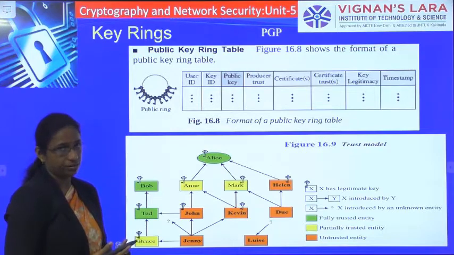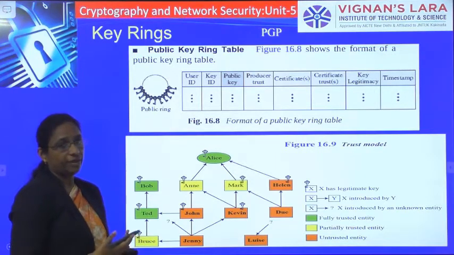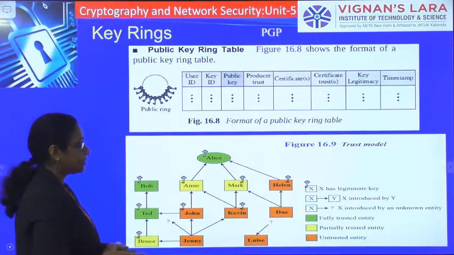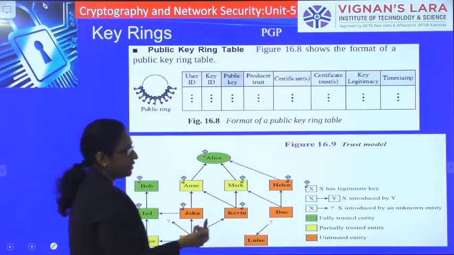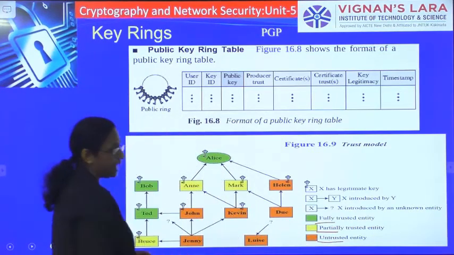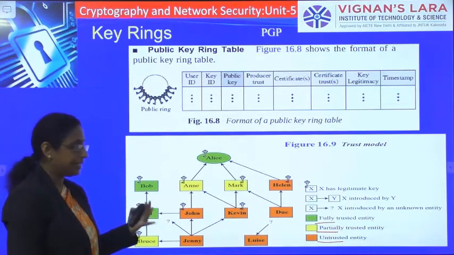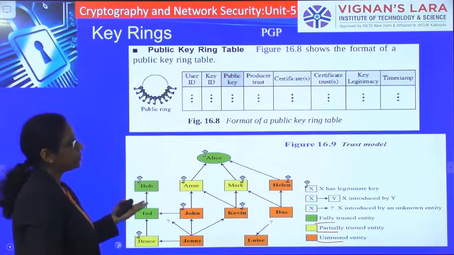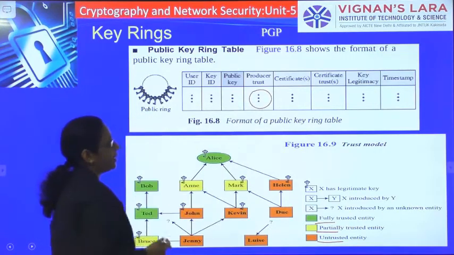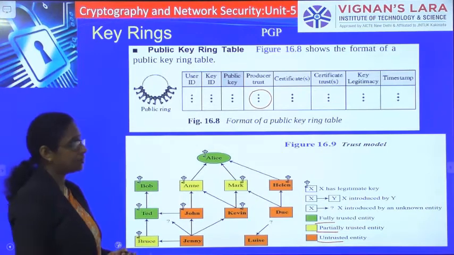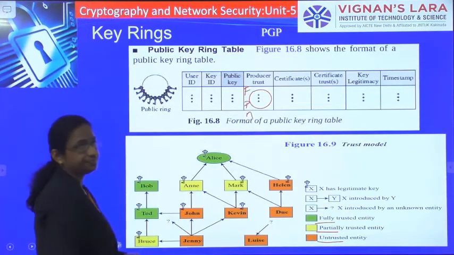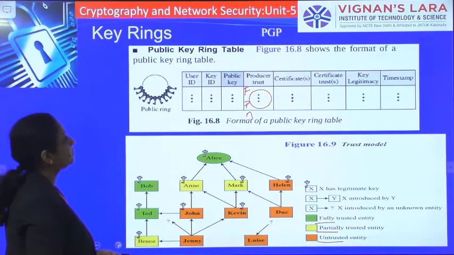You will have a trust model defining how trustful the entities are. There are three types of trust: fully trusted, partially trusted, and untrusted. Untrusted means none, that the entity is not at all trustable. Depending upon the trust, you will have either an F value, a P value, or an N value. So that is the producer trust.